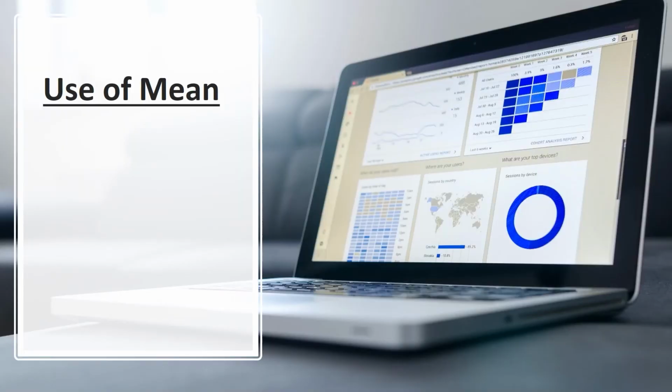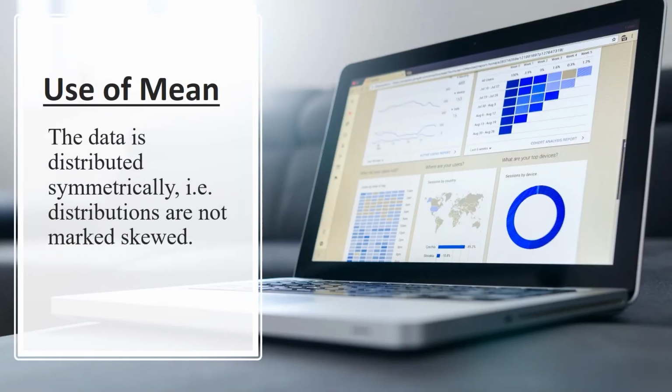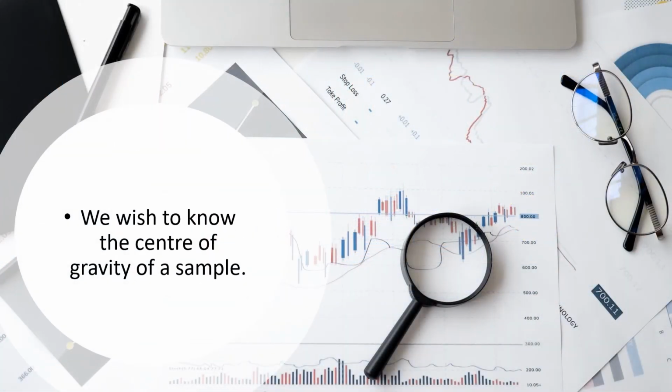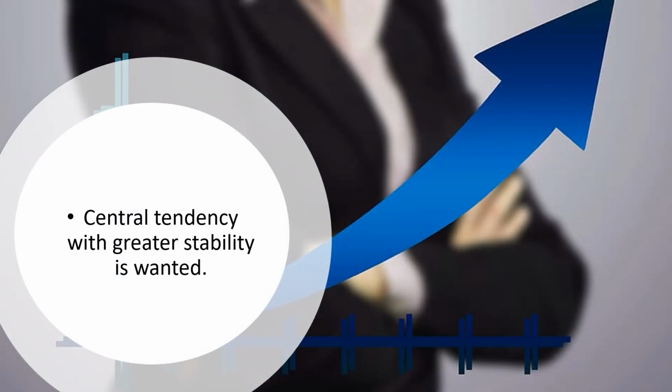Further, let us focus upon the use of the mean. First of all, when the data is distributed symmetrically, that is the distribution is not skewed, you can use the mean. When we wish to know the center of gravity of a sample, we can use the mean. When central tendency with greater stability is wanted, you can use the mean.